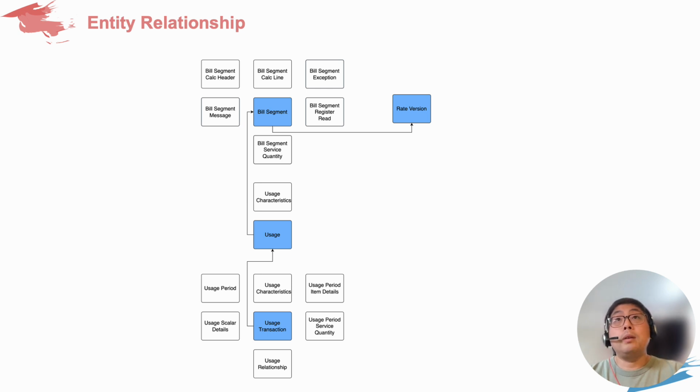It's copying the information from the usage request response to various objects, various tables like the bill segment calculation header. So first of all, the bill segment audit reads for the readings, bill segment service quantity based on service quantity, and then applies the rate. At the point of applying the rate, it calculates the bill segment headers, calculation headers, etc.